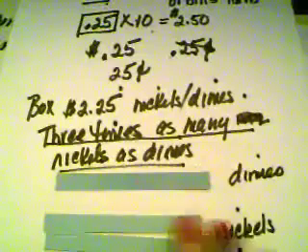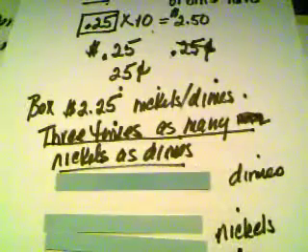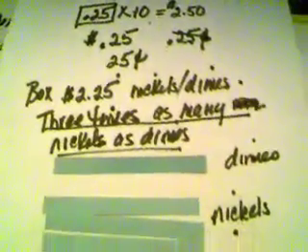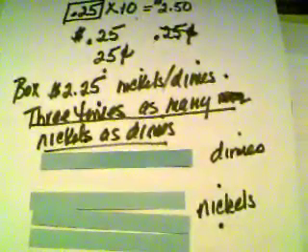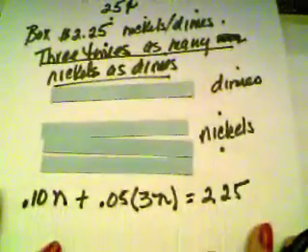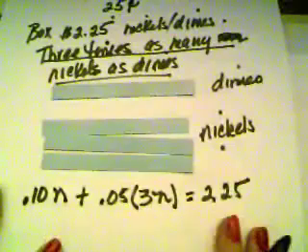And the value of the nickel is 5 cents, and I have 3 times more. And altogether I have $2.25. So that creates our equation.